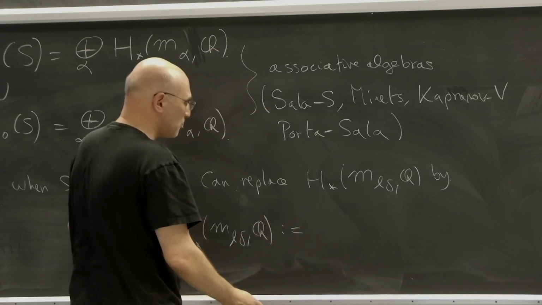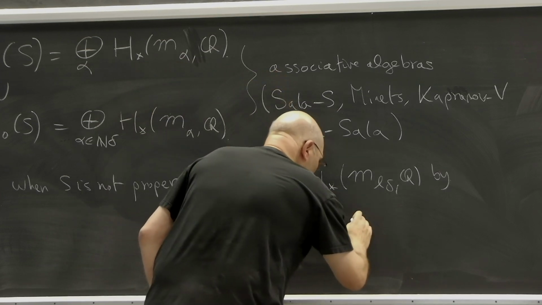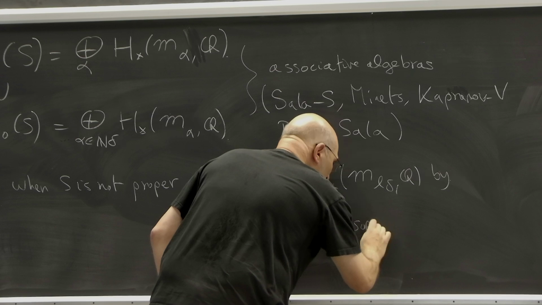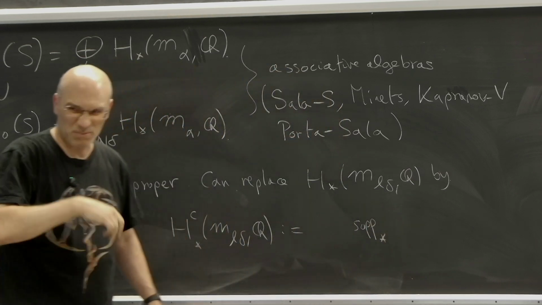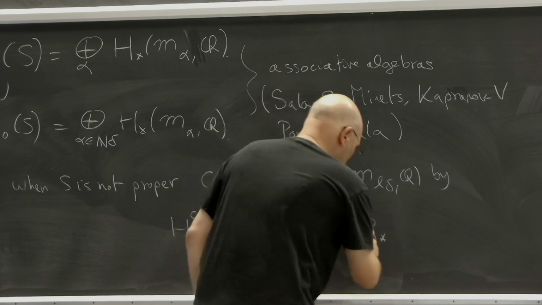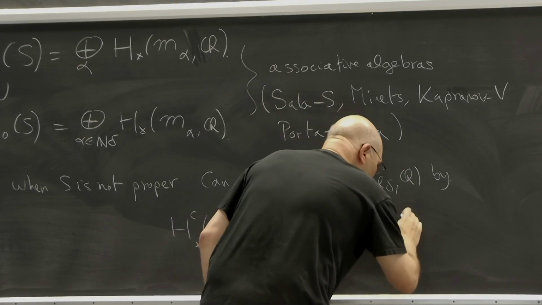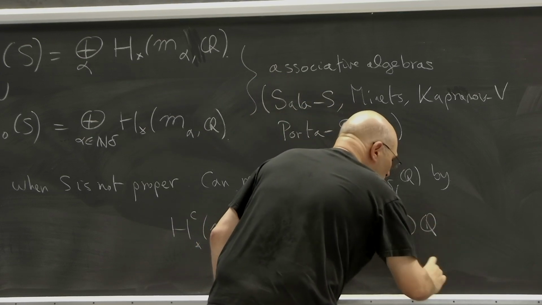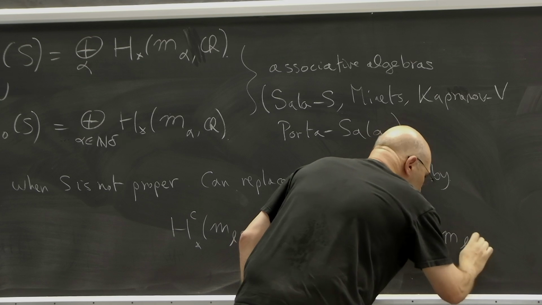And that's defined in the following way. So we have this support map. So we can push down using the star map the dualizing sheaf on M L delta.